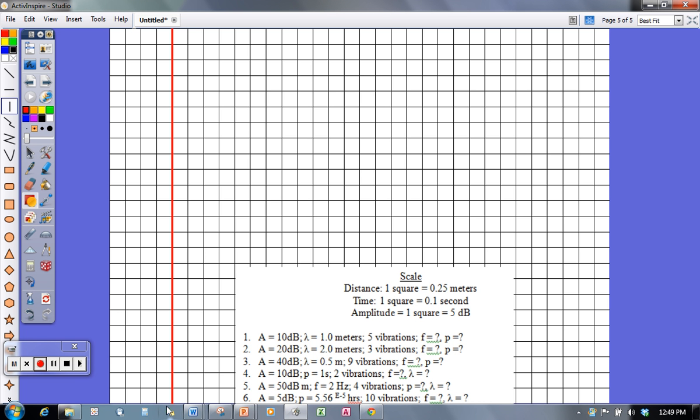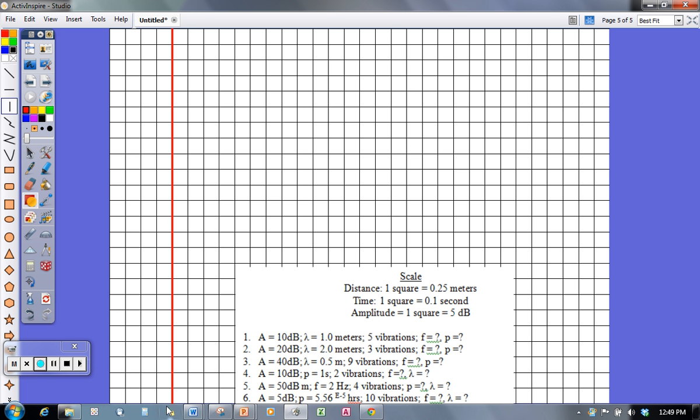Now, at the bottom of this, I have a little screenshot of the half sheet that everyone has. It has just a scale and then our problems 1 through 6. So let's look at what we're actually given. First of all, let's start with the scale.